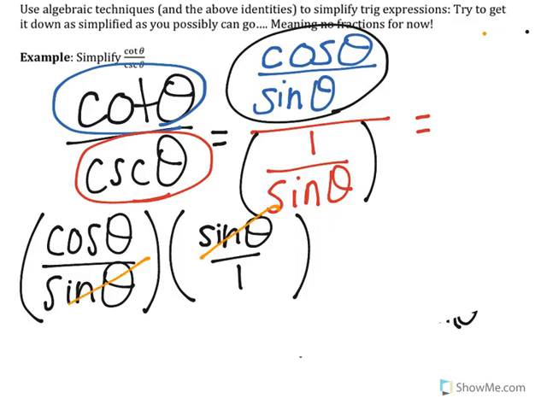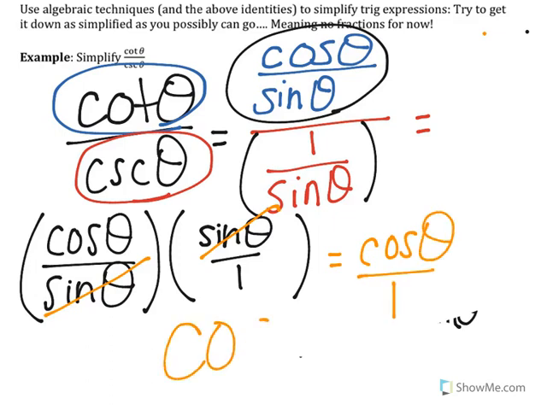We can cancel it out. The sines are going to cancel. I'm just left with cosine of theta over 1, which is really just cosine of theta. So this whole thing using our identities just simplifies to cosine of theta. And all else fails, put everything in terms of sine and cosine. Okay? And that is our first example.